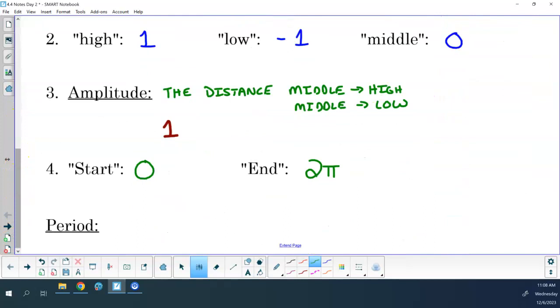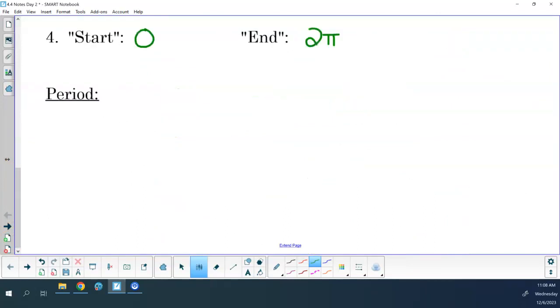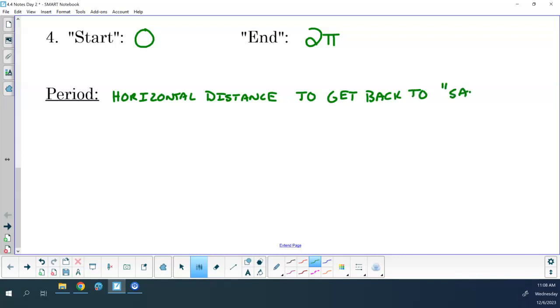That creates something called the period. The period is the horizontal distance to get back to the same spot.